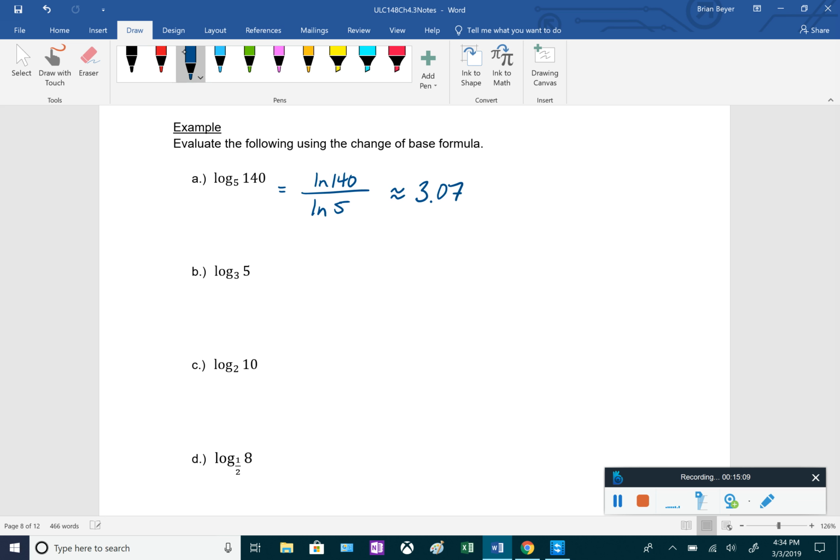I believe I had to round here, we got 3.07, which makes sense because I said 5 to the 3rd power was 125. So 5 to the little bit over 3 should be about 140. And I'll put over here, we could have used log of 140 over log of 5 equals the same thing, but approximately 3.07.